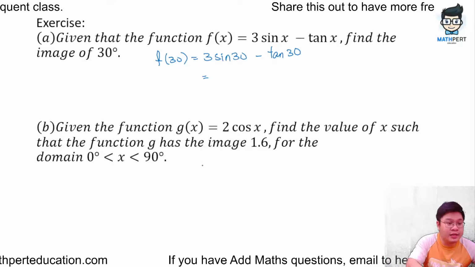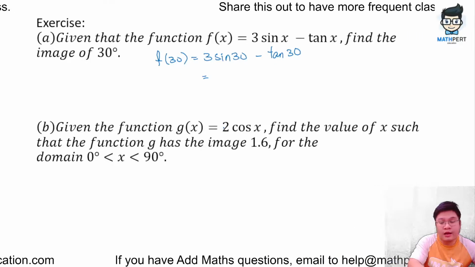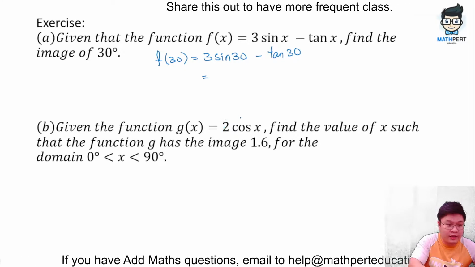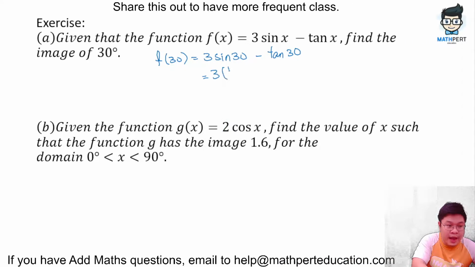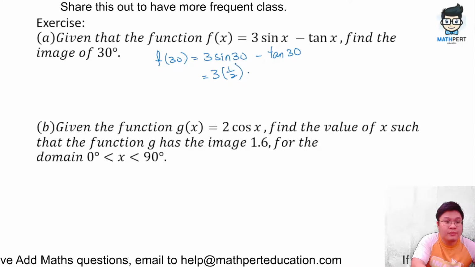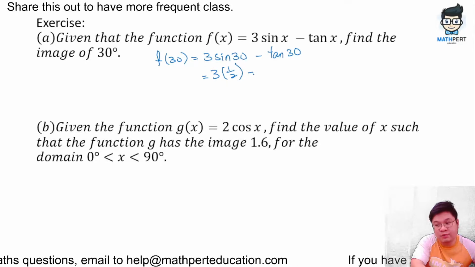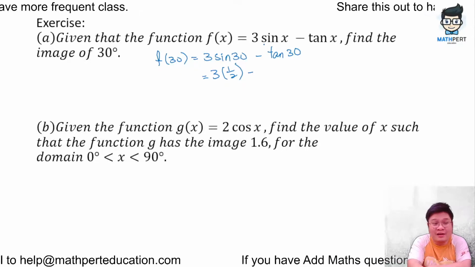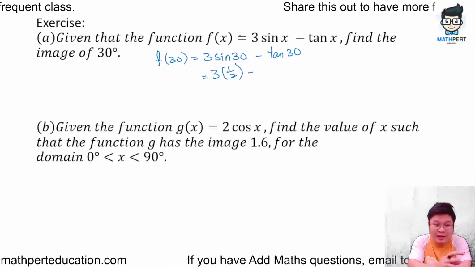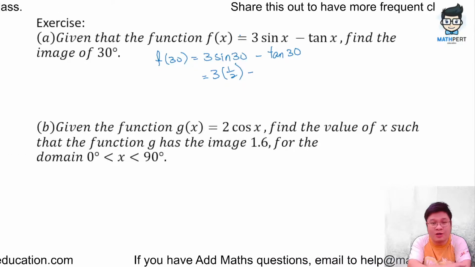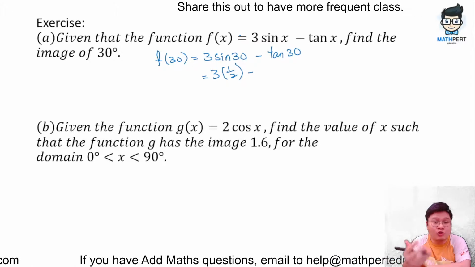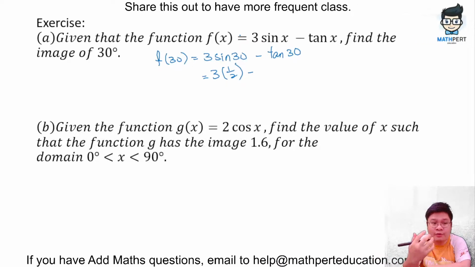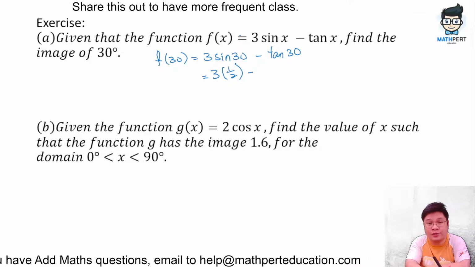Sine 30 is half, so 3 multiplied by 0.5 minus tangent 30. This is a special angle. I know this is in Form 4 Chapter 1 only; for those of you who are Form 5, I believe that you already learned it in your trigonometry.